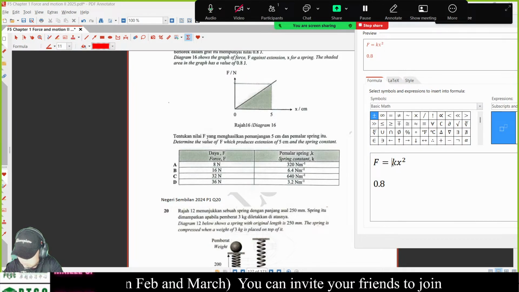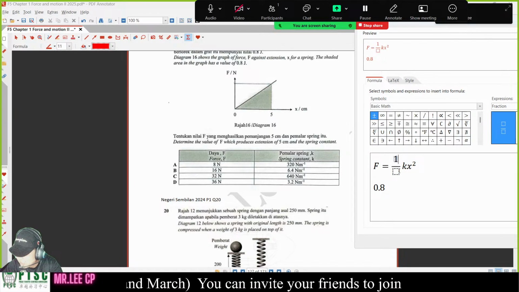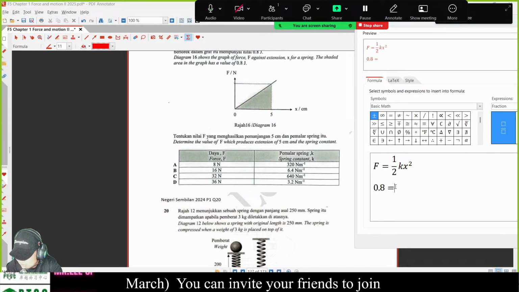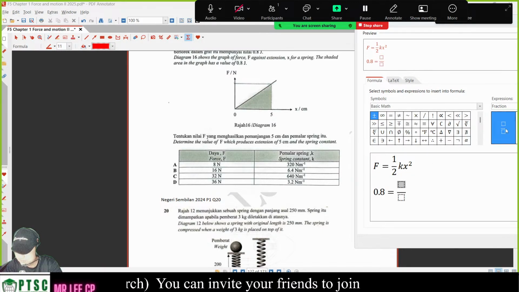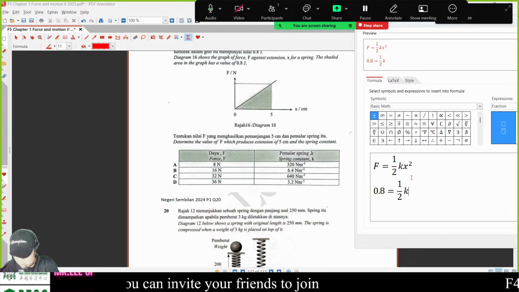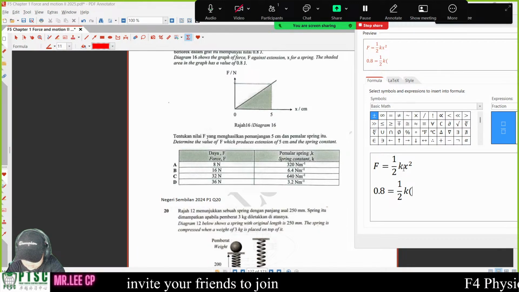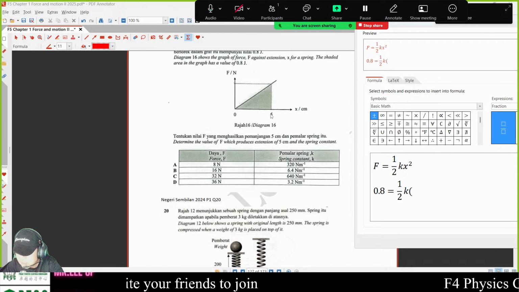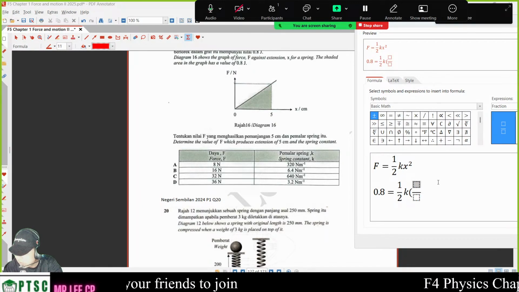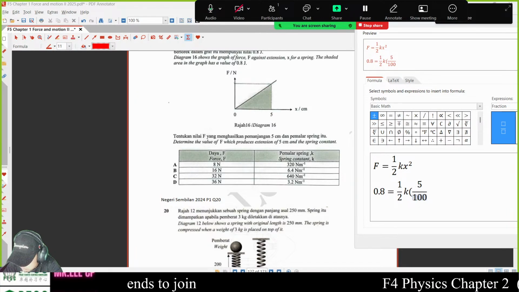Sorry, I forgot to put in half kx squared. I'm sorry. Half kx squared. K I don't know yet. Now x is 5 cm. I said 5 cannot. You have to put in 5 divided by 100 because you are calculating energy.